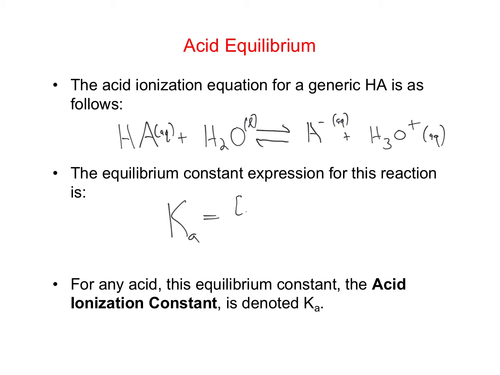And so we would have the products over the reactants. And of course, because water is a liquid, it doesn't appear in our equilibrium constant expression. And so this Ka is called the acid ionization constant, and it represents the equilibrium for the reaction of the dissociation of an acid in water.